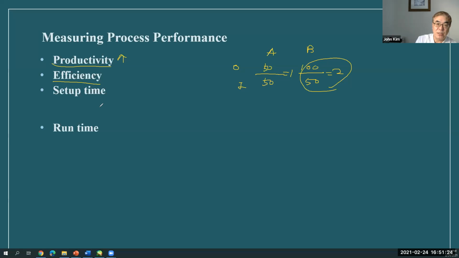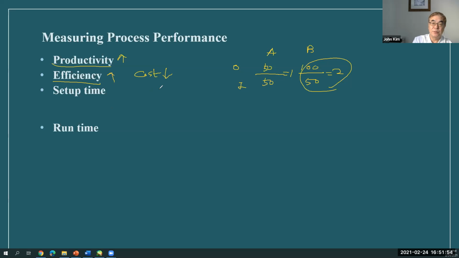How about efficiency? You may remember efficiency is the lowest possible cost. Making it cheaper means efficiency improved. So a lower cost process is high efficiency.